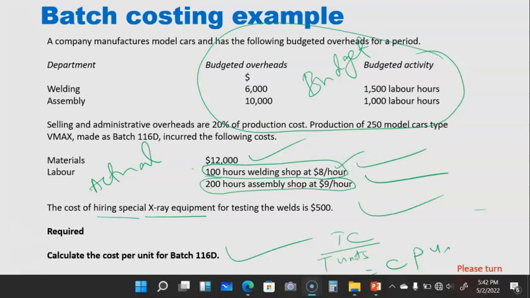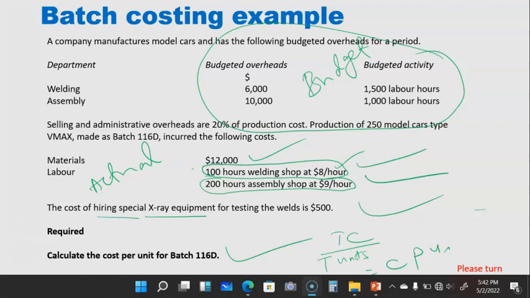When the examiner is not clear as to whether we are going to use a specific overhead absorption rate, it is very prudent to just calculate the overhead absorption rates applicable to each department.